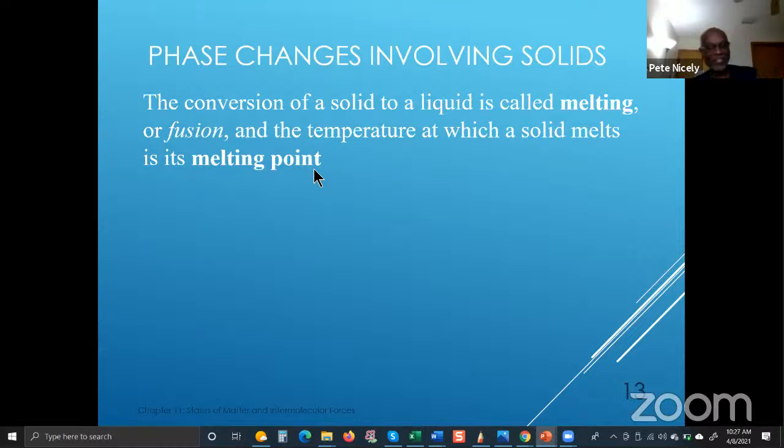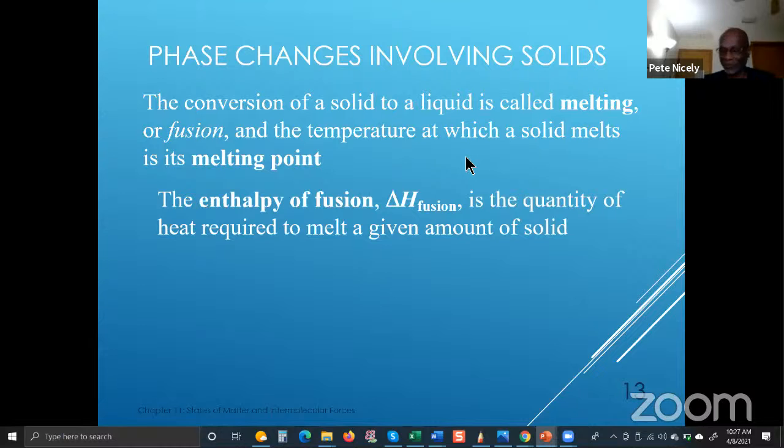And in fact, to be perfectly honest, this is not the correct definition of the melting point. Let me just make some changes here.